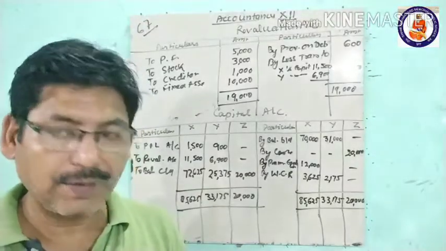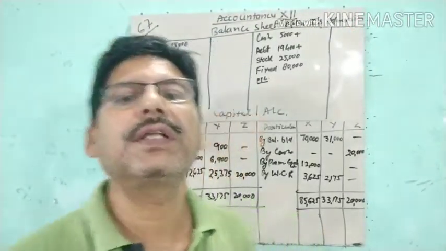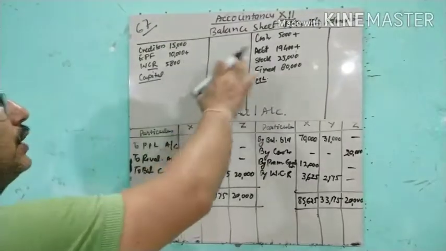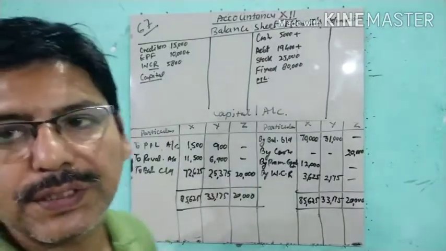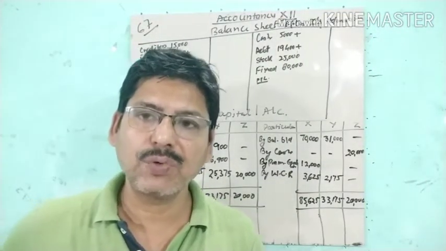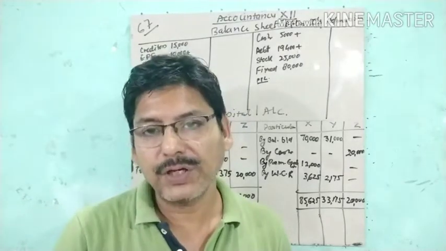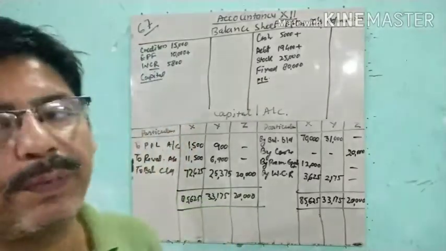Okay, now we will make this balance sheet. So students, this is the balance sheet here of the partners. So cash was there 5,000 rupees in the old balance sheet. After the new partner is admitted, he brought 20,000 capital and 12,000 premium of goodwill.